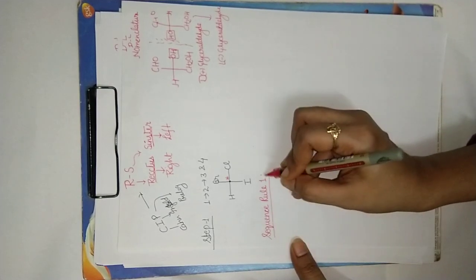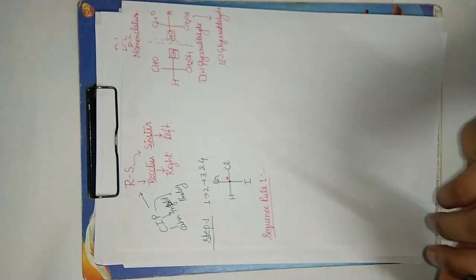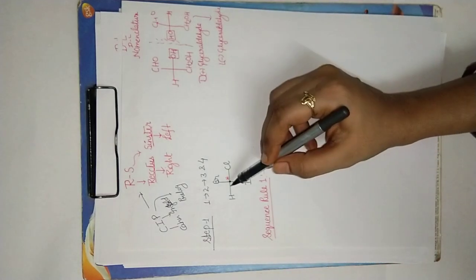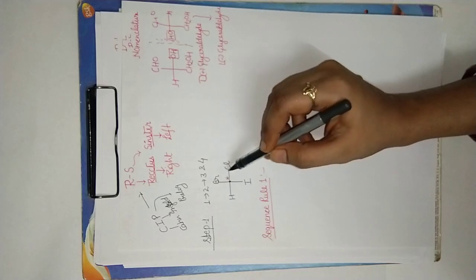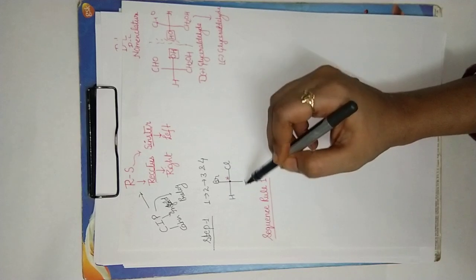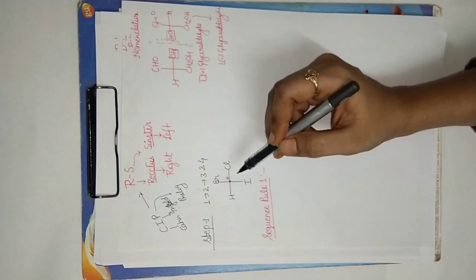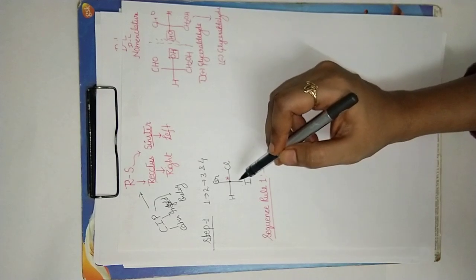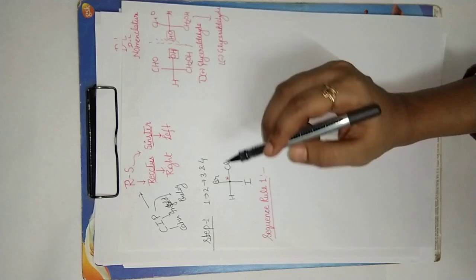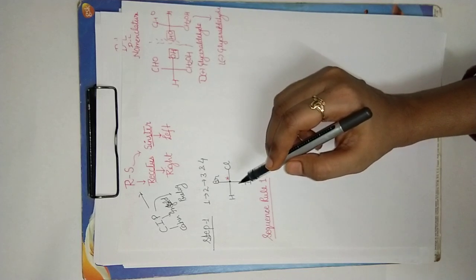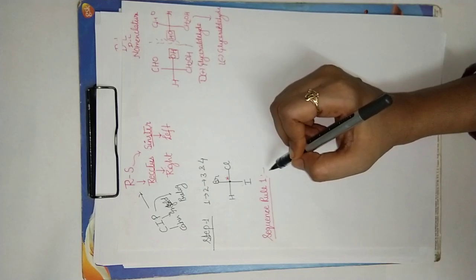What is sequence rule 1? If all the 4 substituents are attached to the chiral carbon atom, priority numbers are decided on the basis of their atomic number. What is a priority? Priority numbers are decided on the basis of their atomic number.